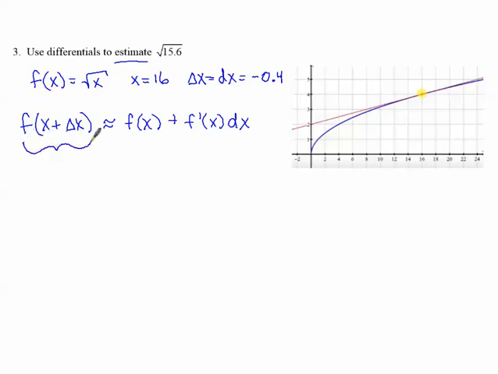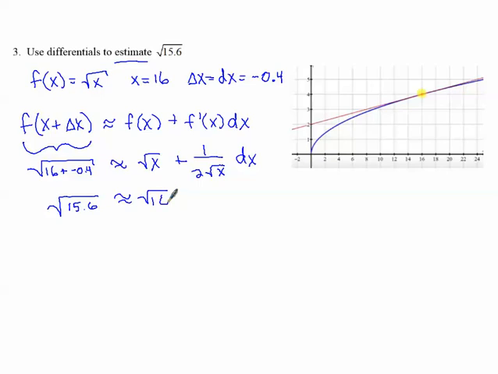Well, this part is the square root of the 16 plus the negative 0.4. That's how we get our 15.6. The f of x is our square root of x function. The f prime of x is the derivative of our square root of x function, which is 1 over 2 square roots of x, dx. So this part is what we're looking for, the square root of 15.6.